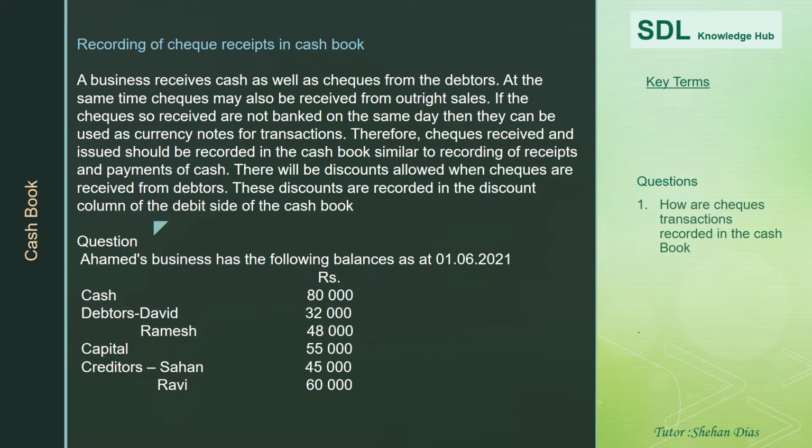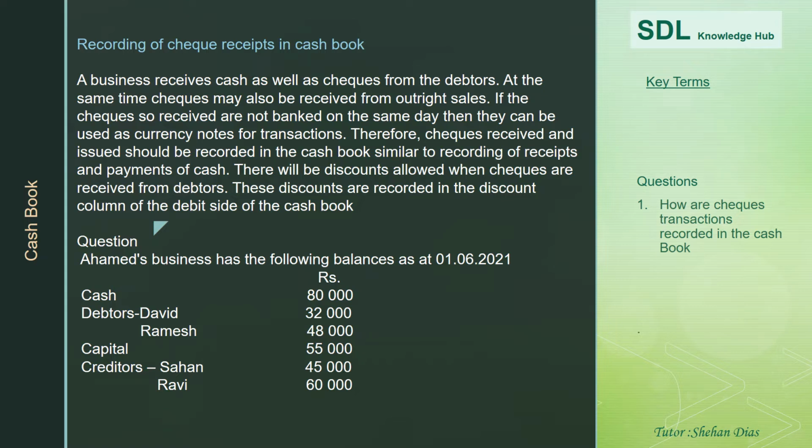Therefore, cheques received and issued should be recorded in the cash book, similar to recording receipts and payments of cash. Once these cheques are banked, they should be reversed from the cash book. If there are discounts allowed for the cheques received, these also need to be recorded.